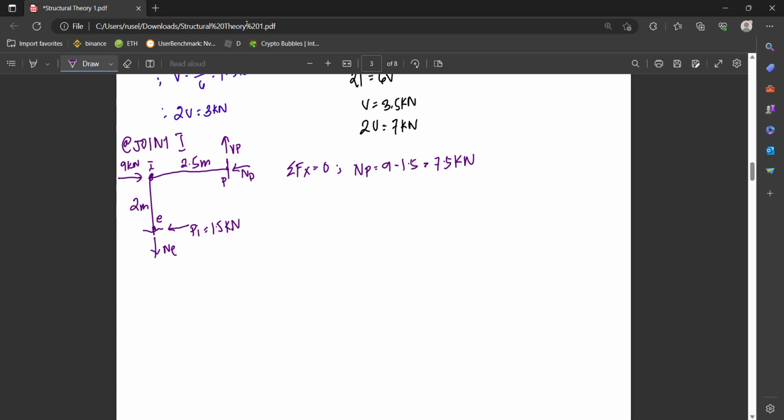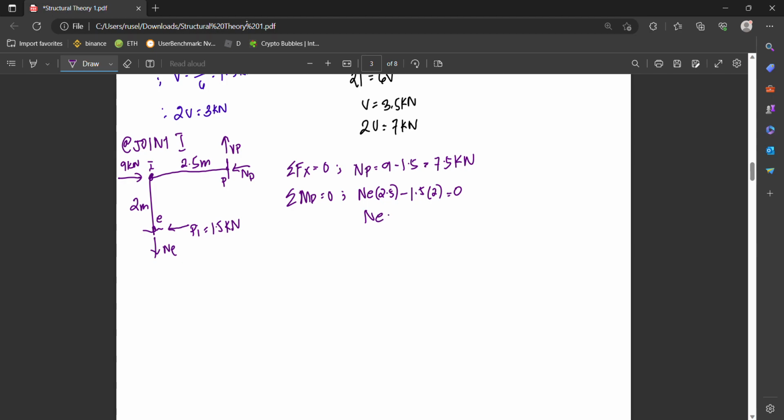Next, summation of moment at P equal to 0. So you have your NE times 2.5, the distance from P, minus 1.5 times its distance of 2, equals 0.